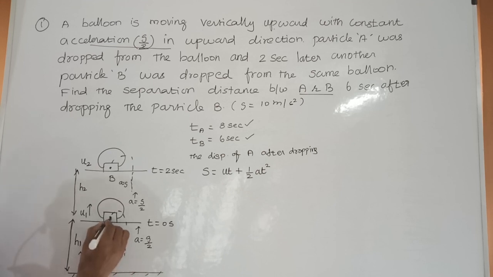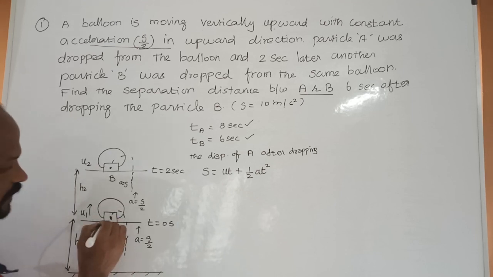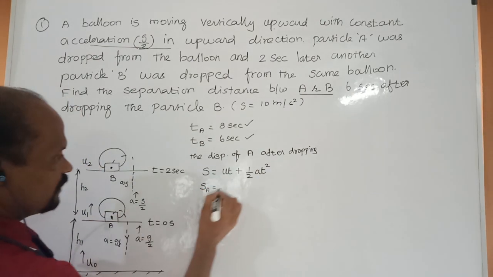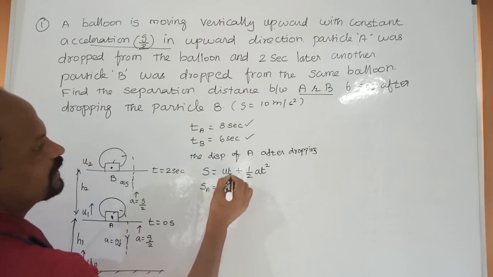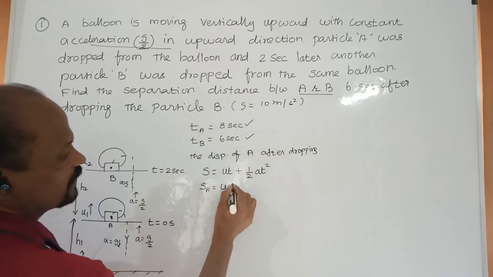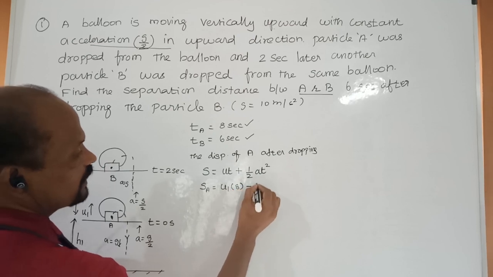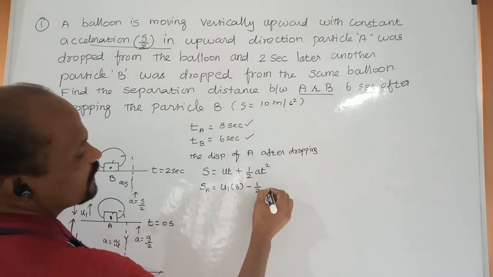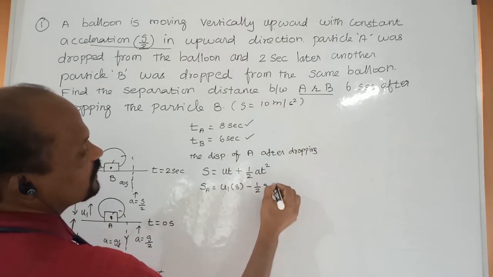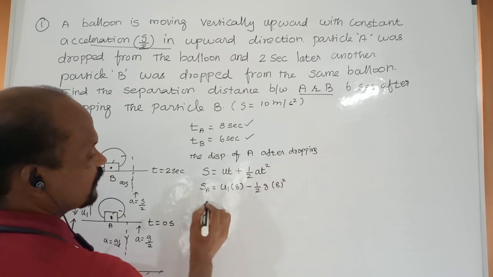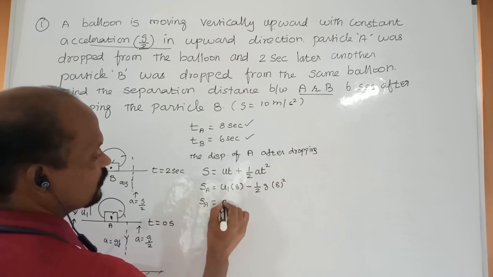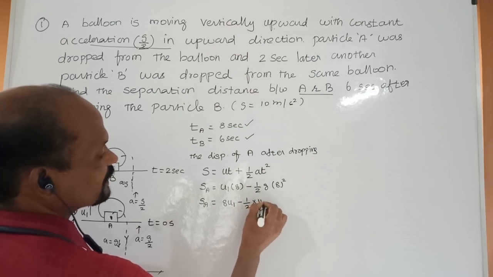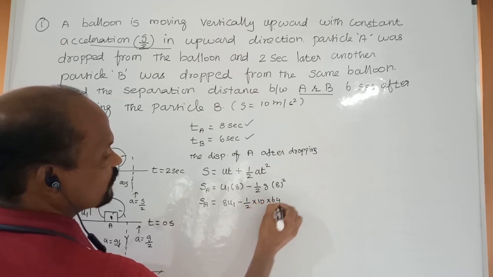Here the displacement of particle A after dropping: S_A equals the velocity u1 times the time of flight of particle A, 8, minus 1/2 g t squared, with t squared being 8 squared. So S_A equals 8 u1 minus 1/2 into 10 into 64.